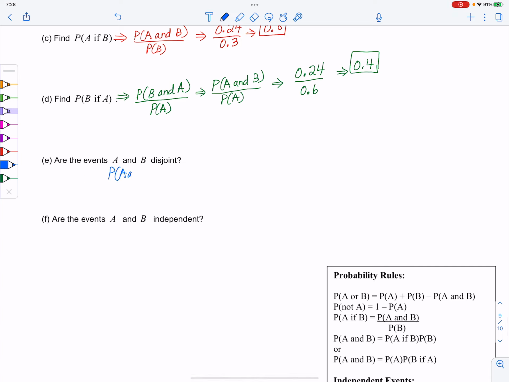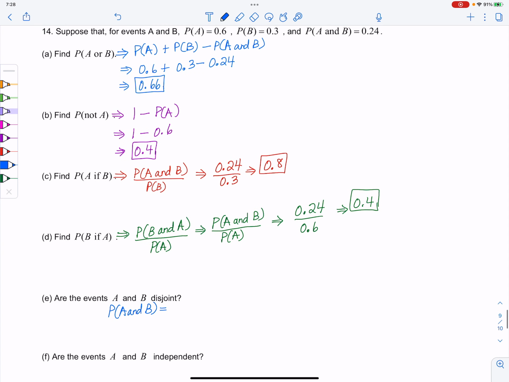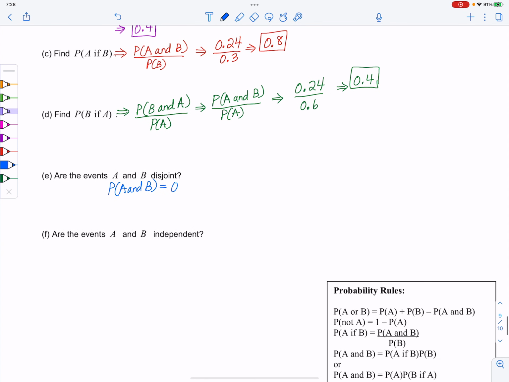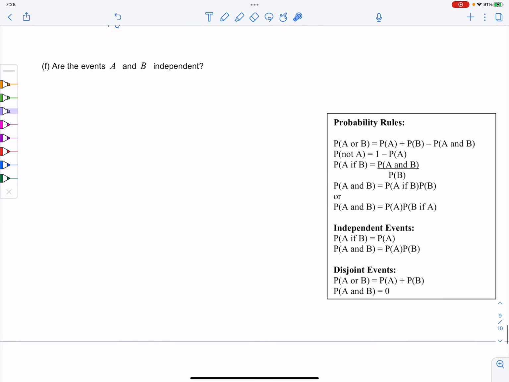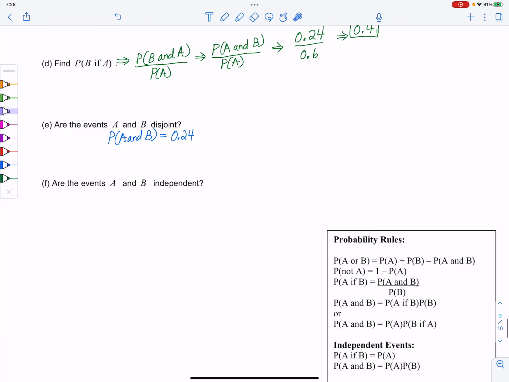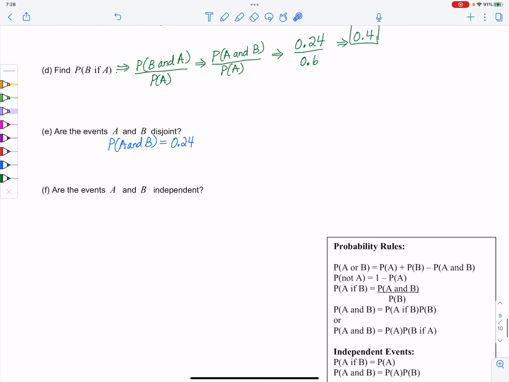What's the probability of A and B for this problem? It's 0.24. But if the events are disjoint, what is the probability of A and B supposed to be? It's supposed to be 0, because if they're disjoint, that means they have no overlap.